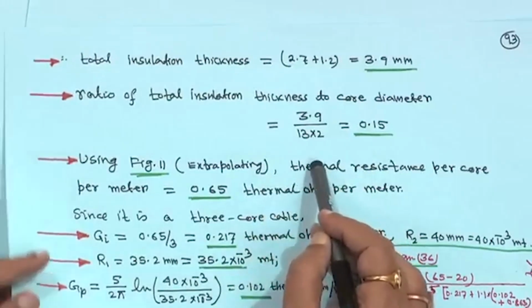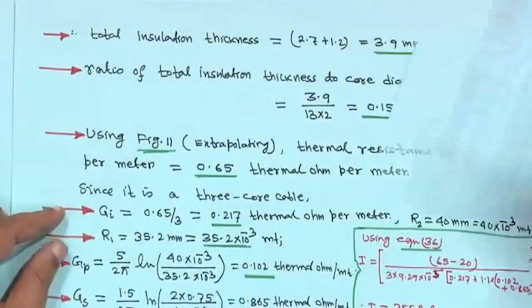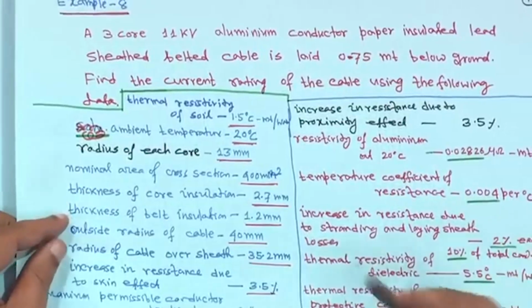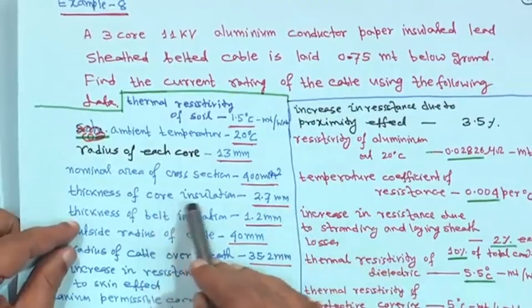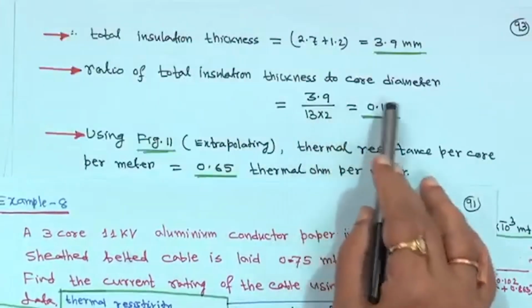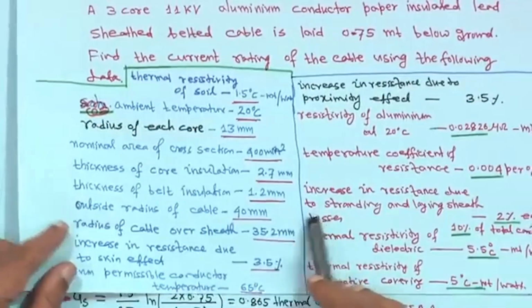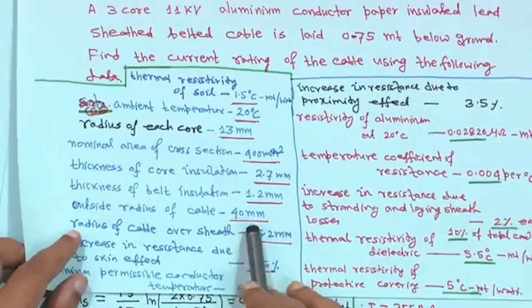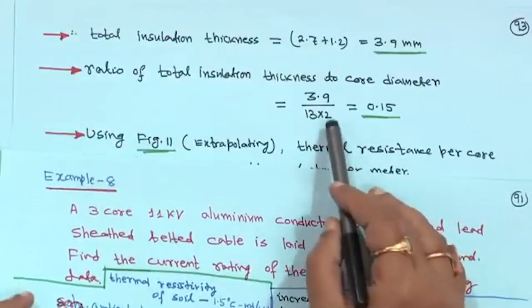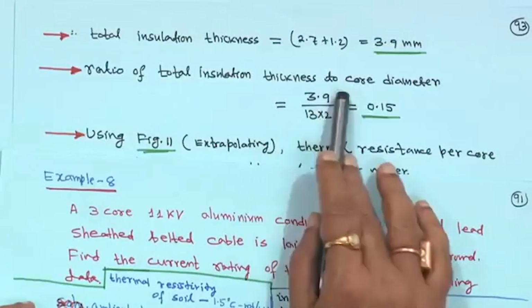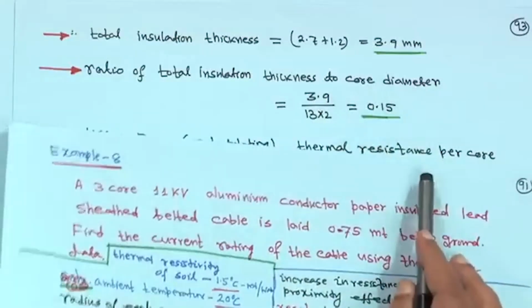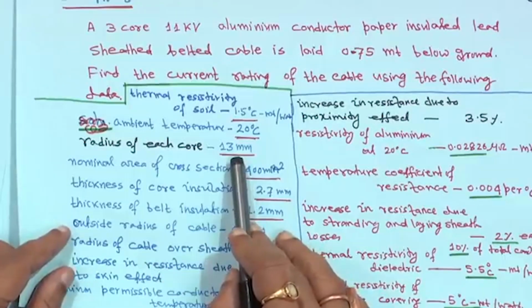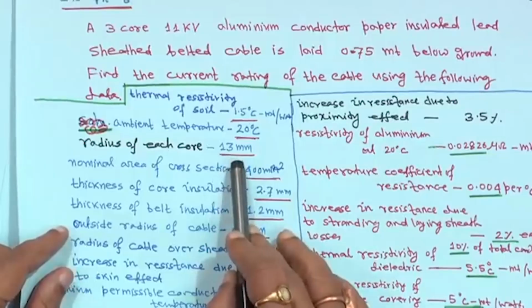The radius of each core is 13 millimeter, so the diameter will be 26 millimeter.